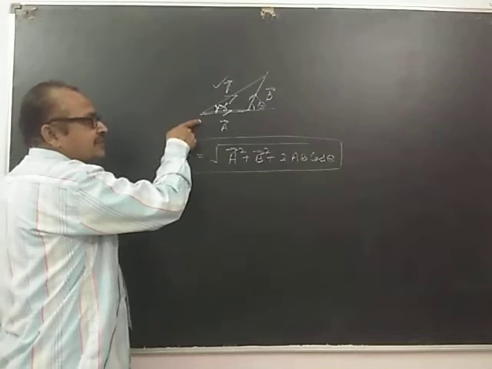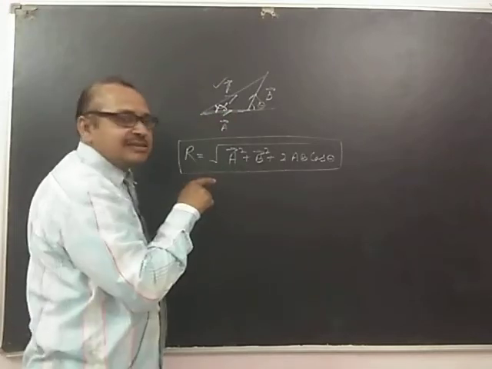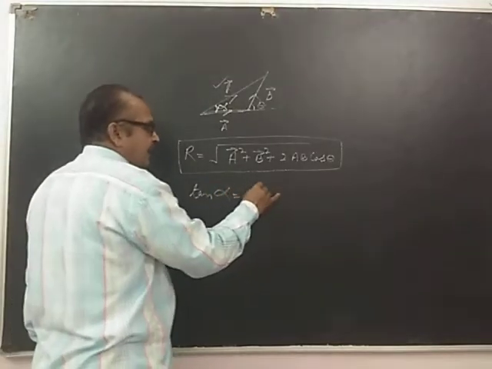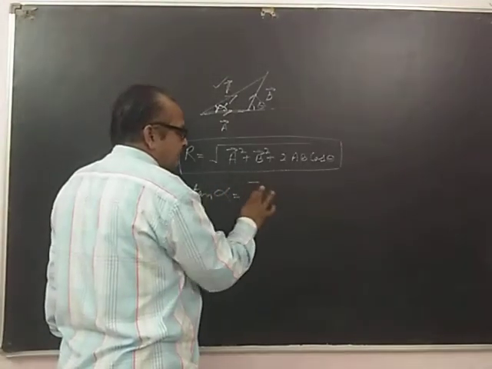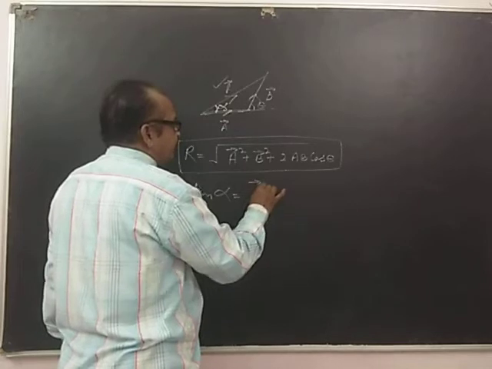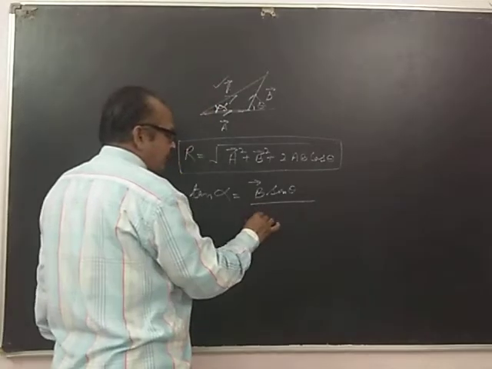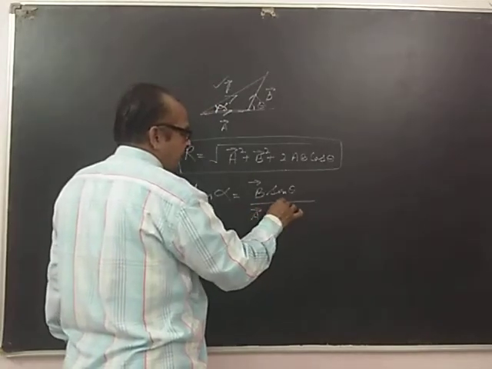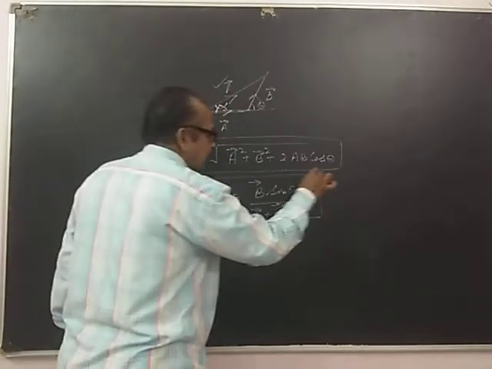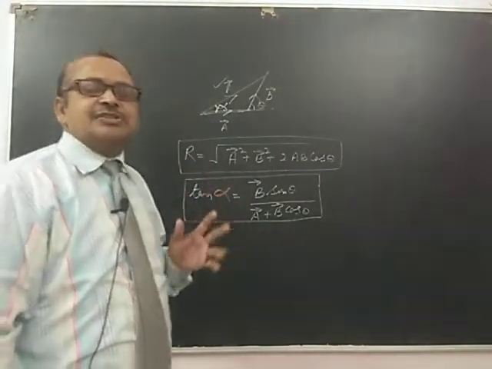If alpha is the angle made by the resultant with the x-axis, then we have seen that tan alpha was given by B sin theta over A plus B cos theta. This is what we did in our previous lecture.